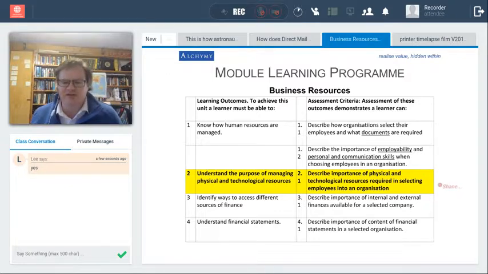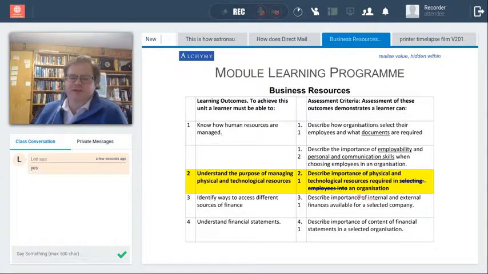It's not about selecting employees, but describing the importance of physical and technological resources required in an organization.